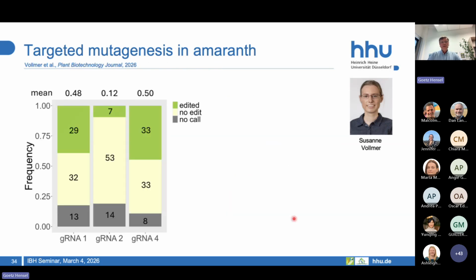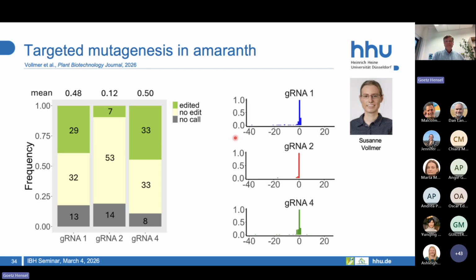The outcome was very efficient. What you can see here is that she got a high number, up to 30% or 33%, of calli which contain mutations in more than one of the target sites. So she could inactivate these two CYPs very efficiently in Amaranth calli.